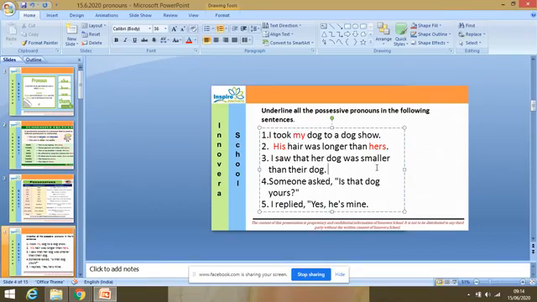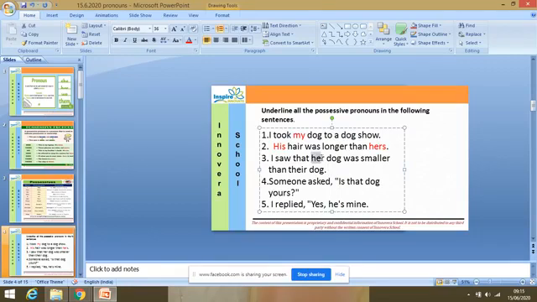Third one: I saw that her dog was smaller than their dog. So what will be the possessive pronoun here?